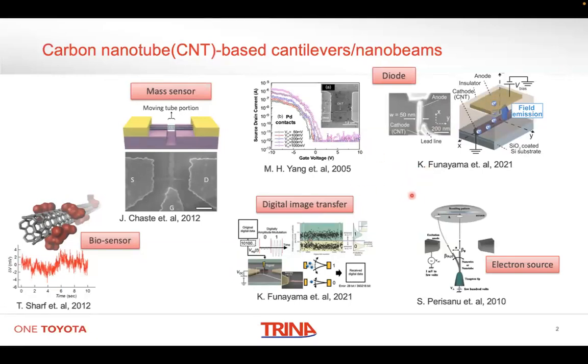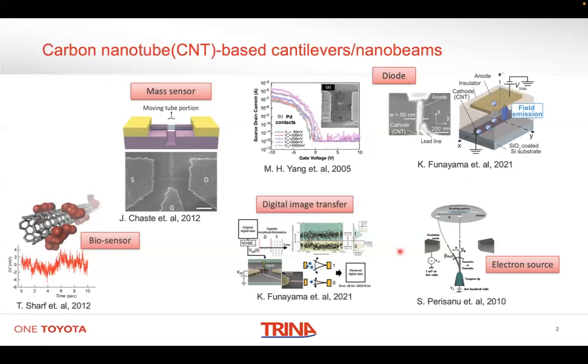Recently, we can find a nice digital image transfer application with these very tiny nanoscale cantilevers. This kind of device can also be used as electron sources like this one.